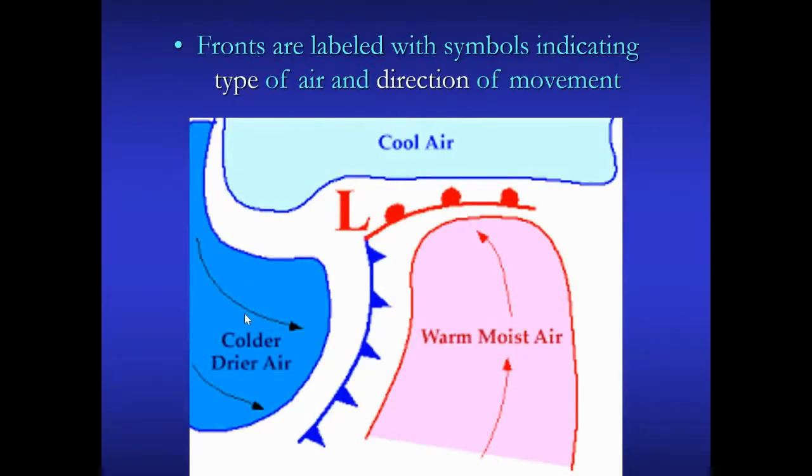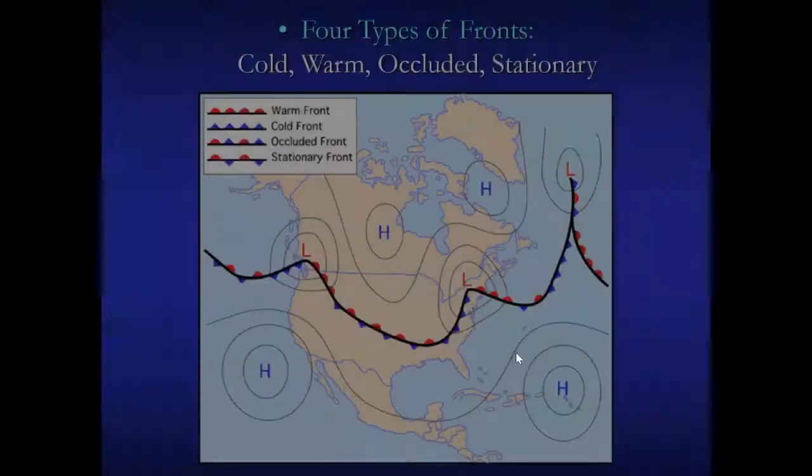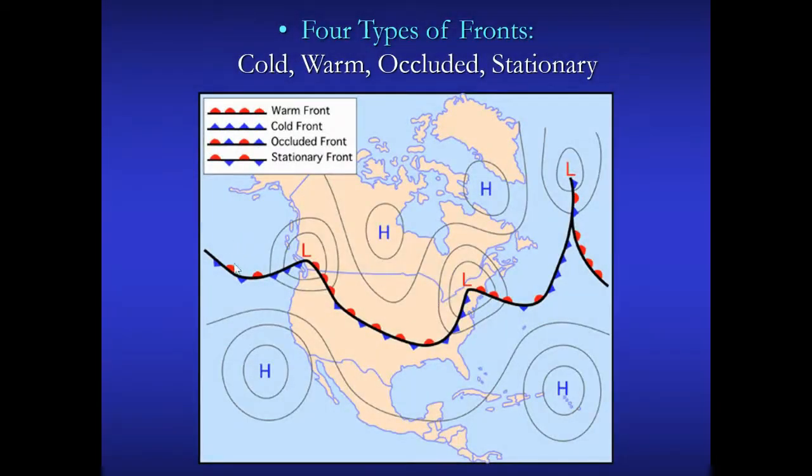Fronts are labeled with symbols, and they identify the type of air and the direction of movement. So here they are. The warm front is the red half circles. The cold front is the blue triangles. There's a front called an occluded front.